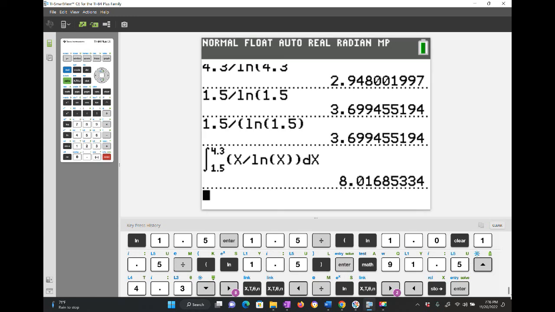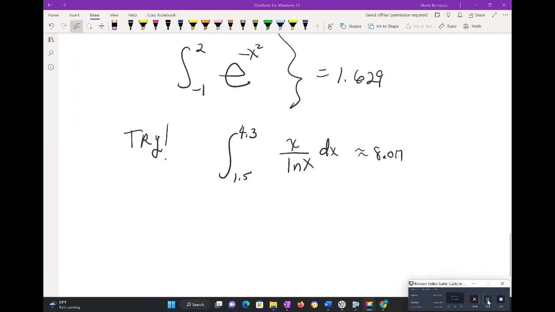Let's take a look at what that value should be as the antiderivative. So as stated for these two, I would definitely use the TI-83 calculator, 83 or 84. Either would work with the technology. So that is example 7.